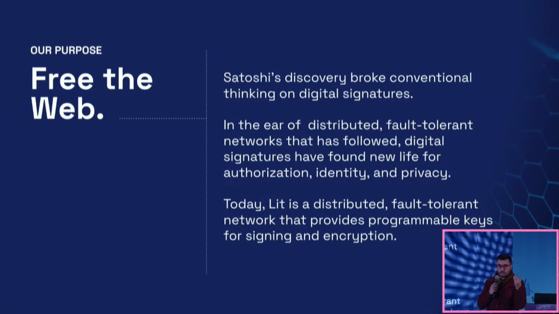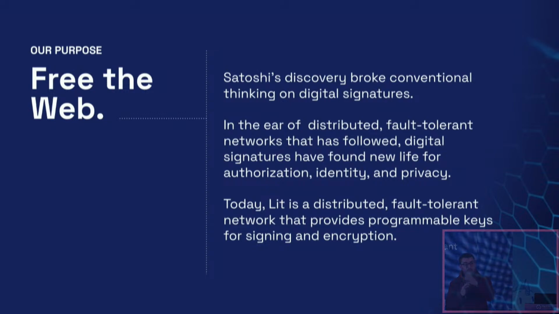And the way that we've really been thinking about what is Web3, what is crypto, what is happening here, in a way, is the digital signature revolution, because this encompasses everything happening in digital assets, everything happening in user-owned data, everything happening in credentialing, and it's all made possible through cryptography. And as I mentioned, Lit is a key management network that's distributed, fault-tolerant, threshold-based, that developers can use to articulate programs for signing and encryption.